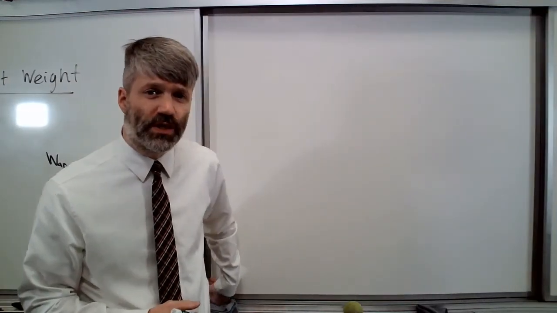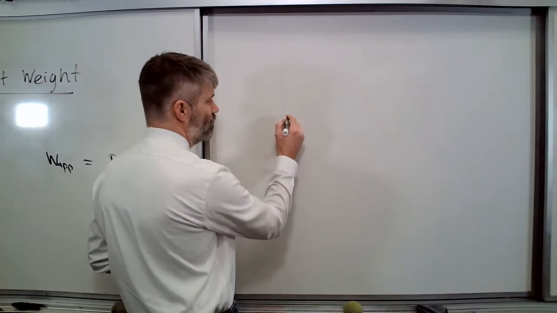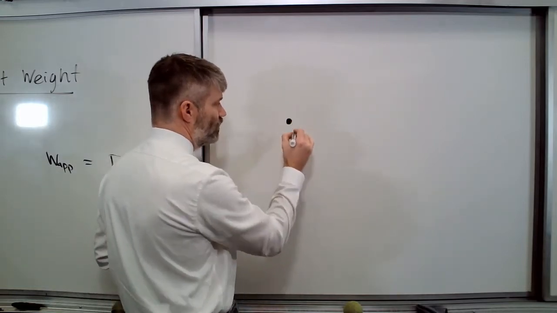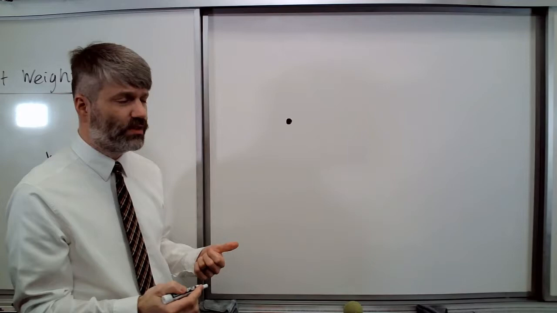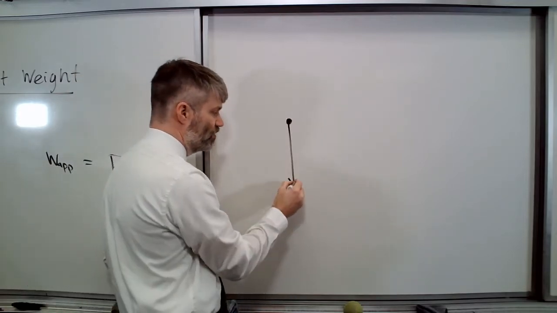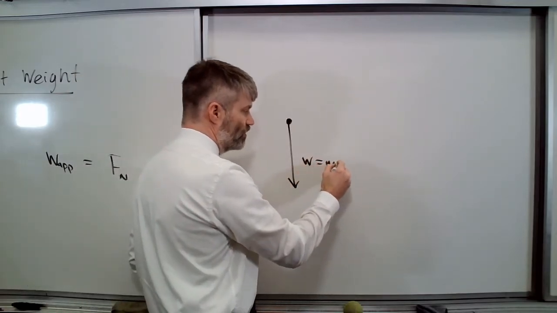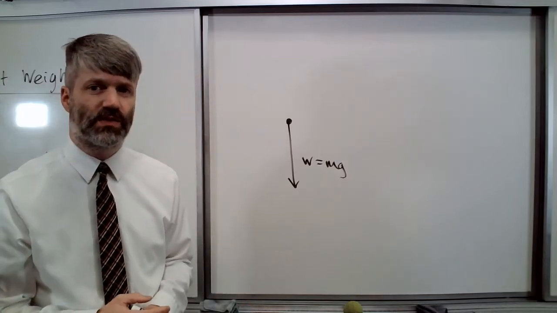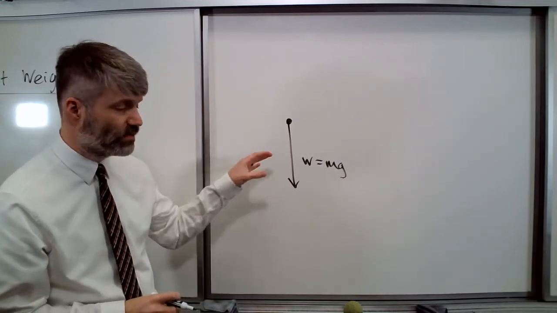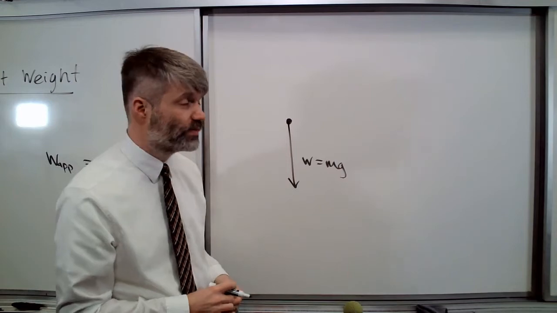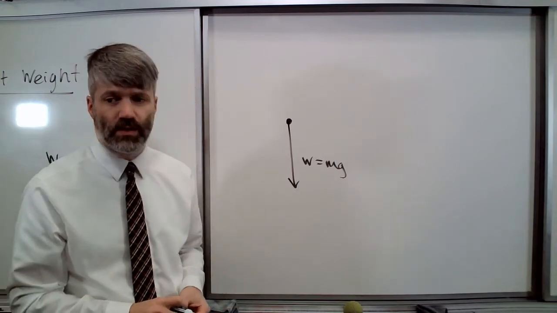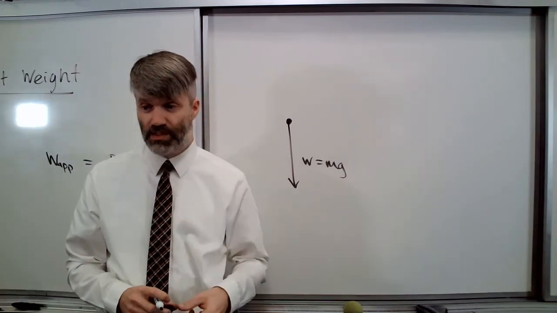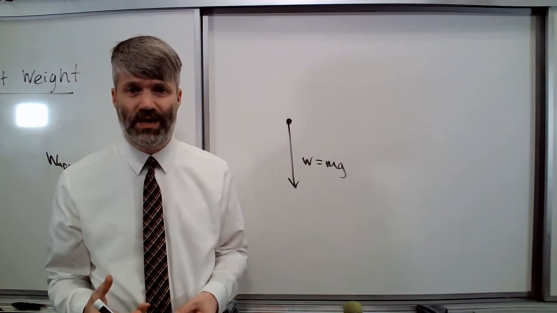Again, we'll start with a free body diagram. So here's the person. Don't forget, the person's weight is here. It's equal to their mass times the acceleration due to gravity. And this is constant where we are at Earth's surface. Okay. Now, what we've got in our first case is an acceleration downward.